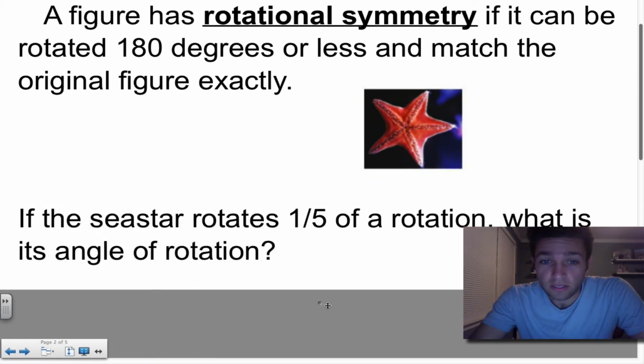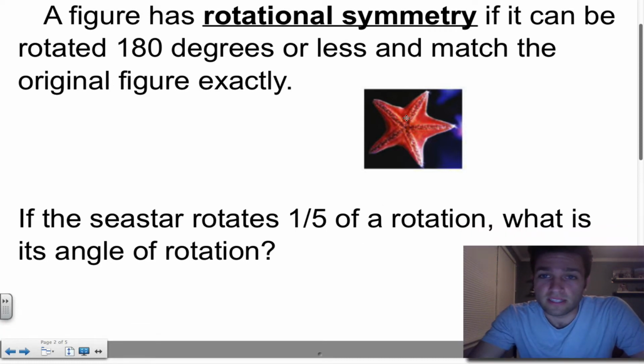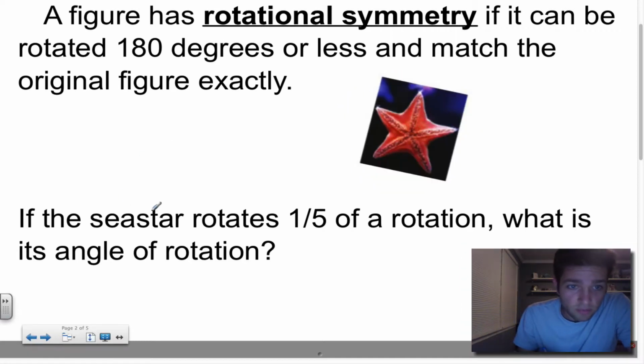Now, a question I could ask you, and I will ask you, is, so we determined that the sea star rotated 1/5 of the way around. So to determine the angle of rotation, a full rotation around is 360 degrees. Well, you need to ask yourself, what is 1/5 of 360?